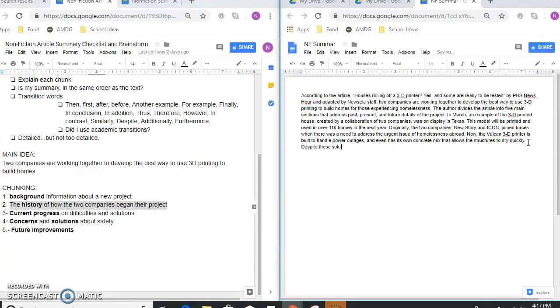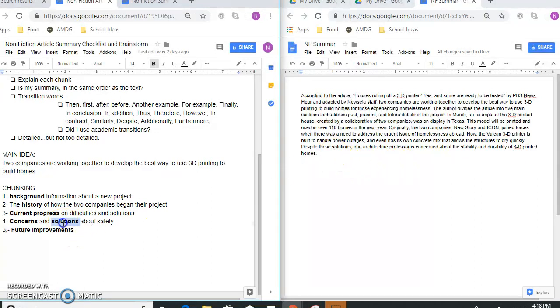Despite these solutions, one architecture professor is concerned about the stability and durability of 3D printed homes. That covers the concerns, but let's get into the solutions and future improvements.